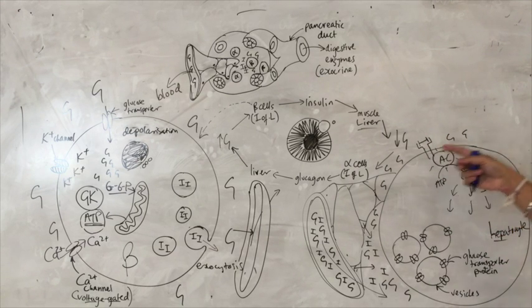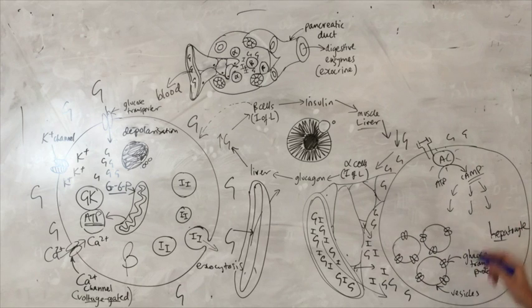The insulin is bound, and cyclic AMP is produced. Many signaling pathways ensue, and one of these signaling pathways causes vesicles that are contained in the hepatocyte, similar to those vesicles, but they don't have anything really of significance inside them, to my knowledge.